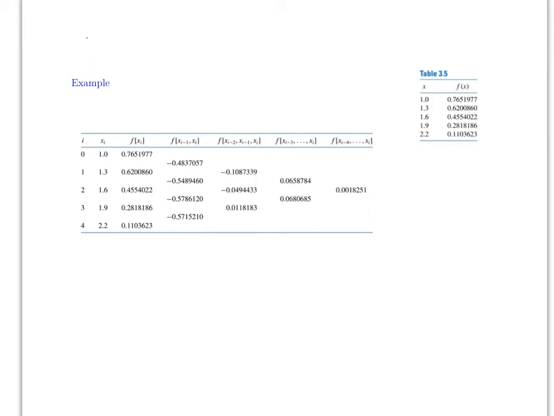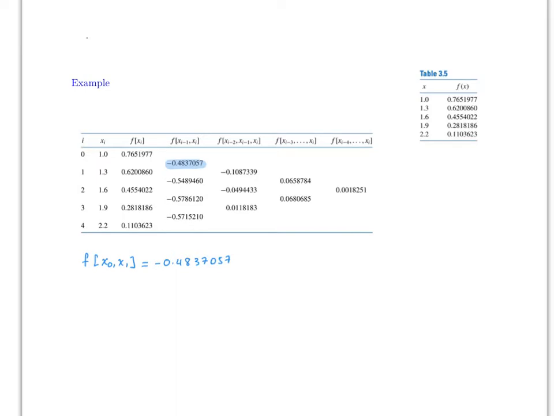But if the values are given in a table, which sometimes they are, you just need to know what this means. So for example, this value, remember that's nothing more than f of x0, x1, so this is equal to minus 0.4837057.